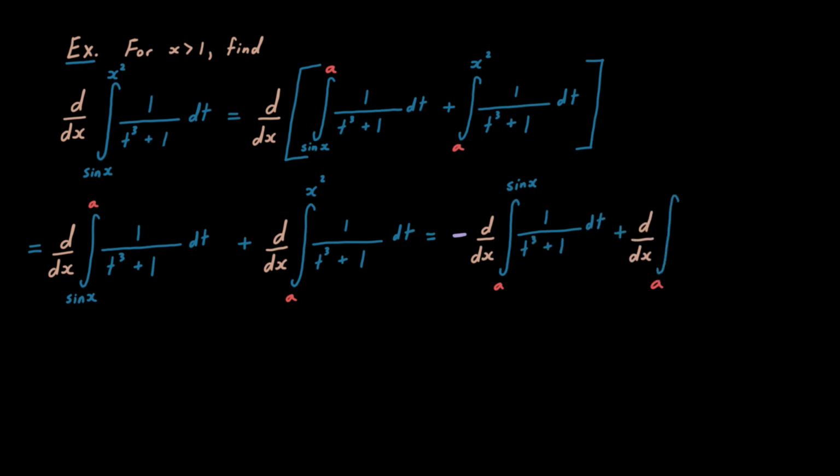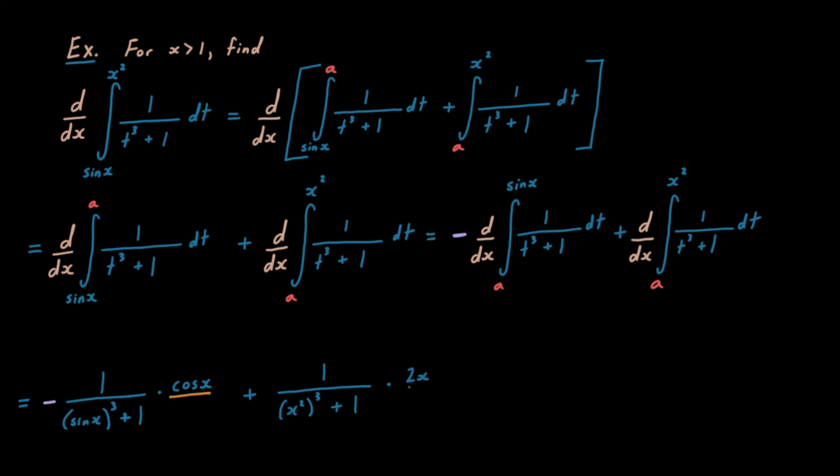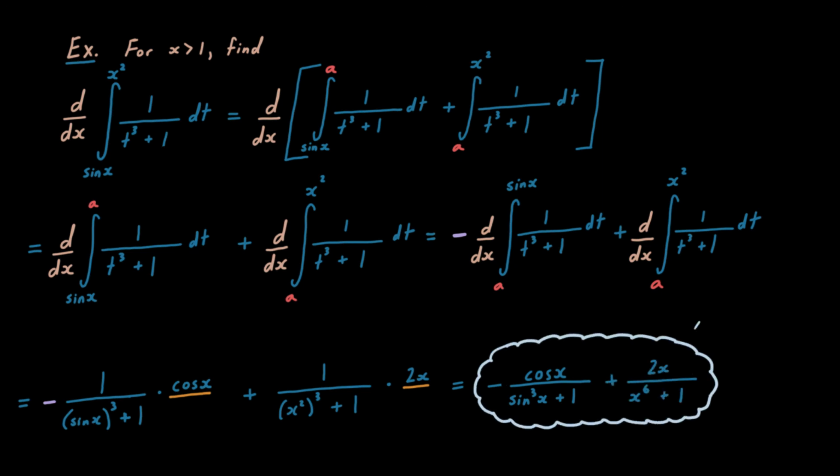Now here we have two very nice integrals. But again, the upper bounds are variables that don't match the x, so we will have to fall back on the chain rule. But that's no biggie. Those are my two chain rule amendments underlined in yellow, and I'm left with this in a nice happy cloud.